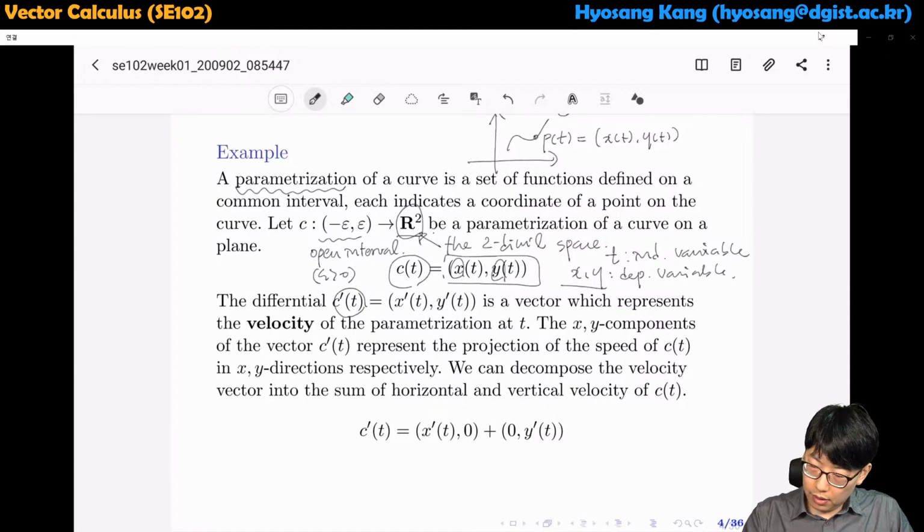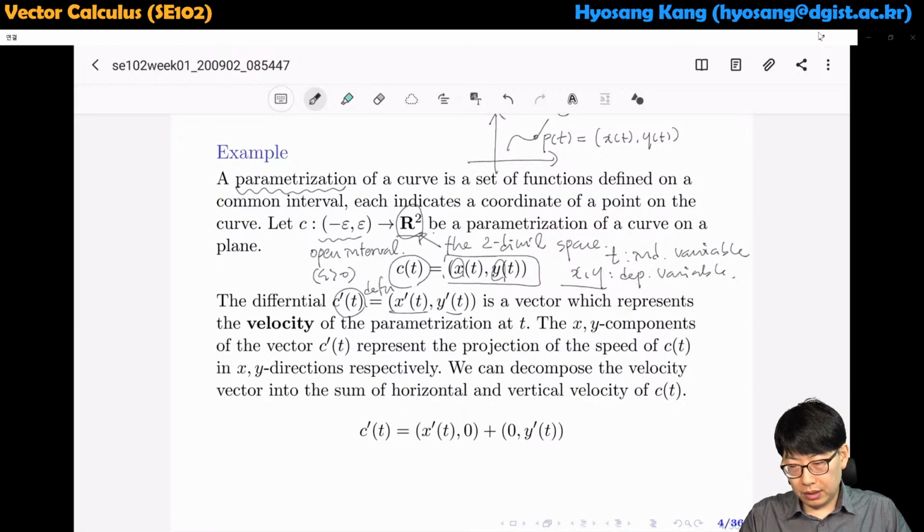When you have this parameterization, I can take the derivative of this parameterization function, called c prime of t. This is defined as a point, or actually a vector. It looks like a point, consisting of x prime and y prime. x and y are single-variable functions. x is determined by one variable, the parameter t, and it determines one value x, right?